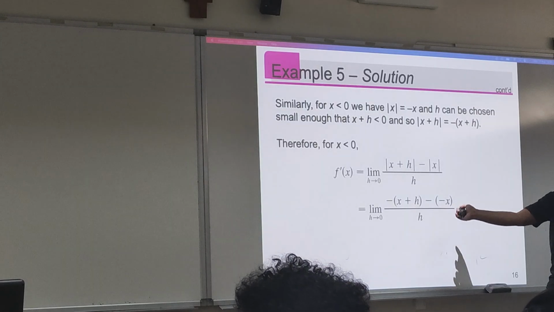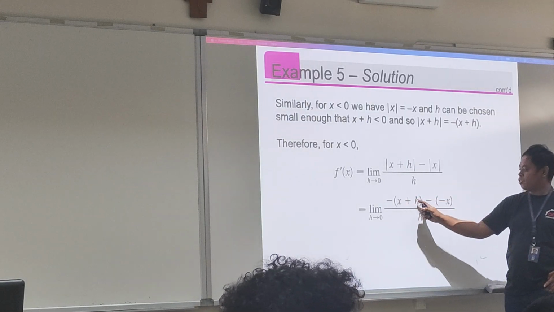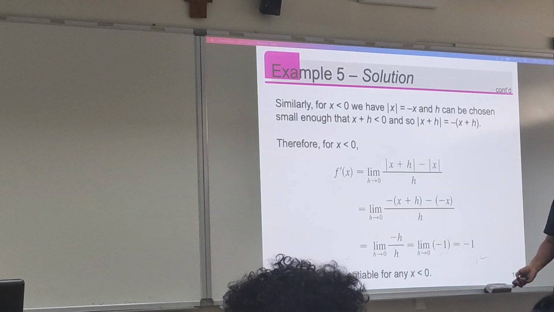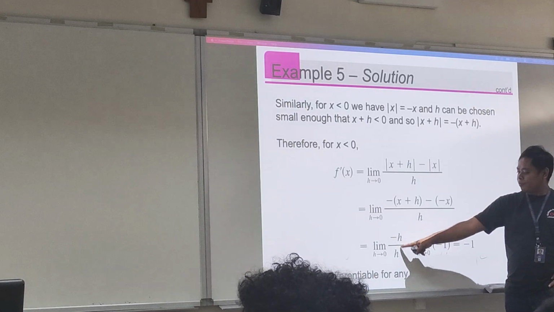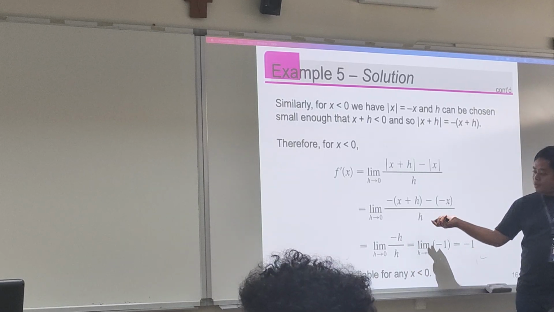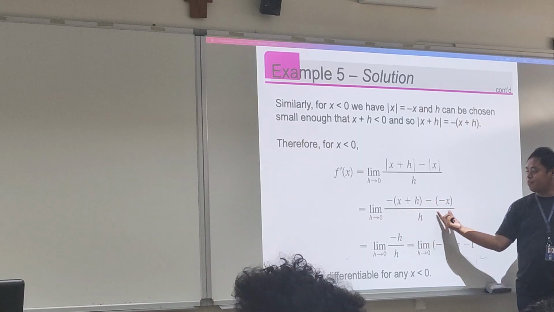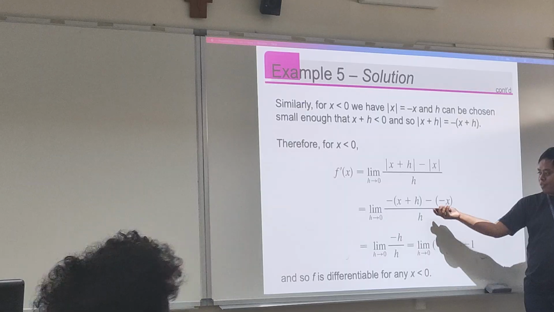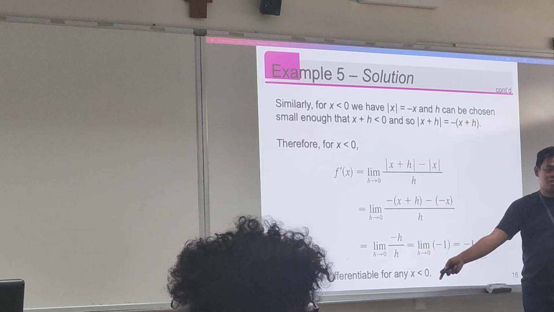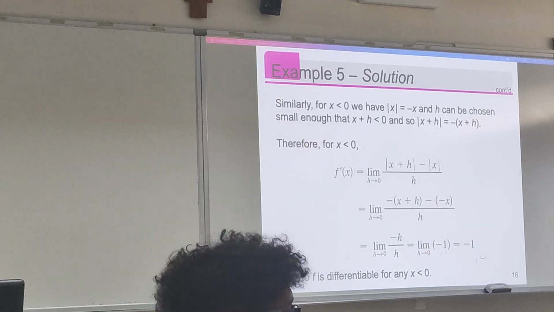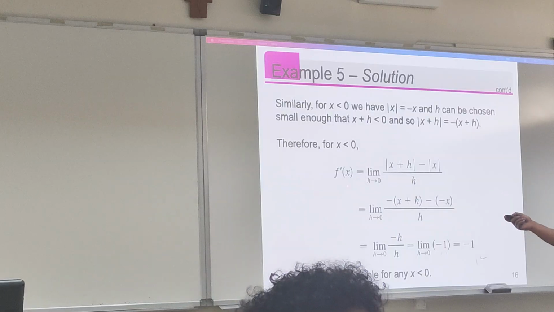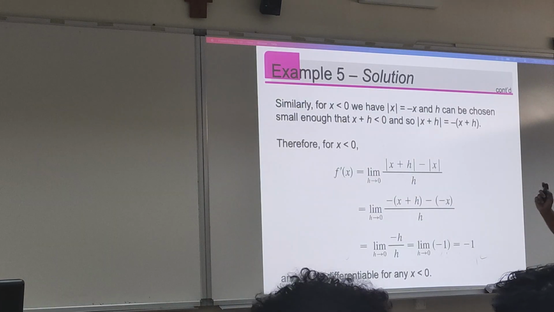Then distribute the negative signs for each term here, and this will be the corresponding simplification. Combine terms: negative x plus x is 0, and then negative h all over h, so you will get negative 1. So the derivative of your function at x less than 0 is negative 1.